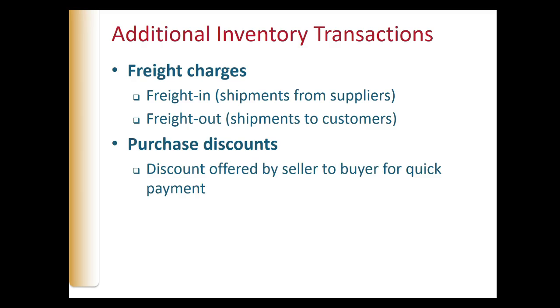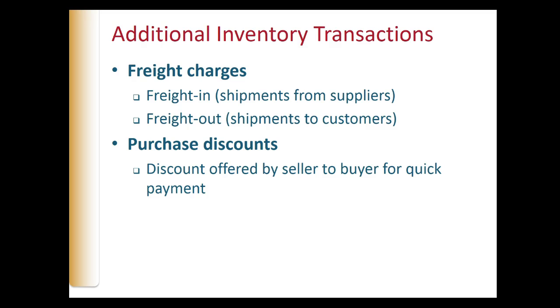Freight charges on incoming shipments from suppliers are commonly referred to as freight in, and we add the cost of freight into the balance of inventory because the cost of freight is considered a cost of the purchased inventory. Later, when that inventory is sold, those freight charges become part of the cost of goods sold.